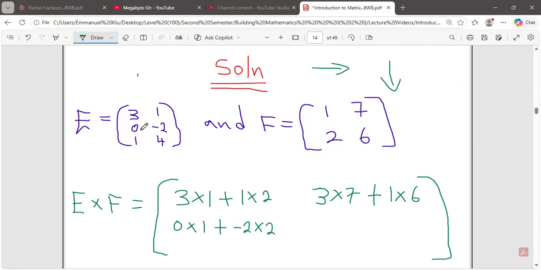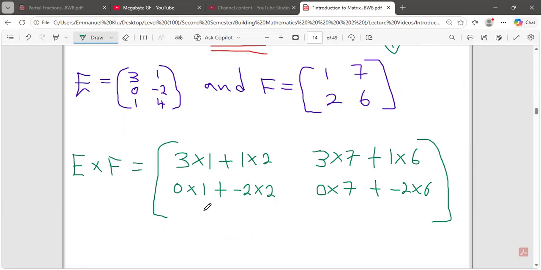When we go to the far side, this same 0 is going to multiply the 7, and the negative 2 comes and multiplies the 6. So I'm going to write 0 times 7 plus negative 2 times 6. You see how it is working?